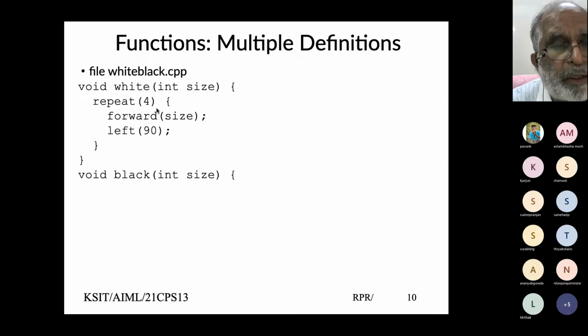Given this example, can you try to write a function which will draw a black square? Spend the next 2 minutes and see if you can write the code using simple building blocks which will draw a black square of whatever size I'm passing. You can show me and discuss, raise hands.